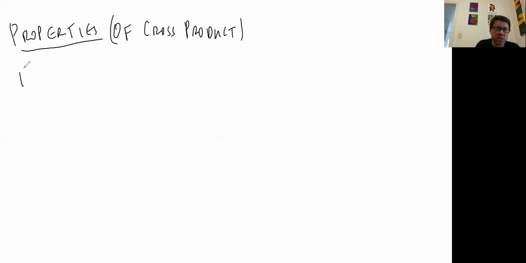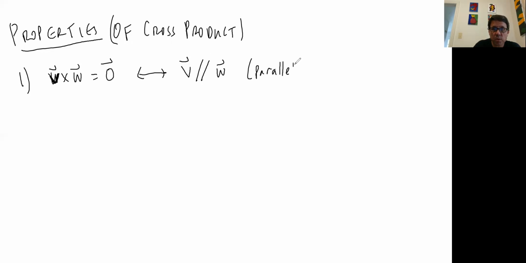One of them is that if you take the cross product of V and W and get 0, 0, 0 as your answer, that doesn't mean they're perpendicular, it actually means that they're parallel. So that's nice. If you want to know that two things are perpendicular, the dot product is 0. If you want to know if they're parallel, then the cross product is the 0 vector.